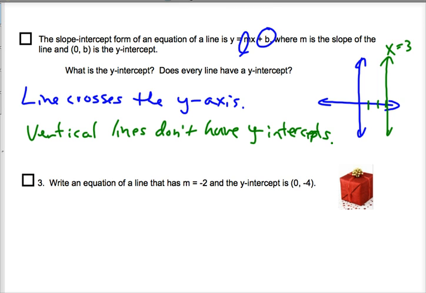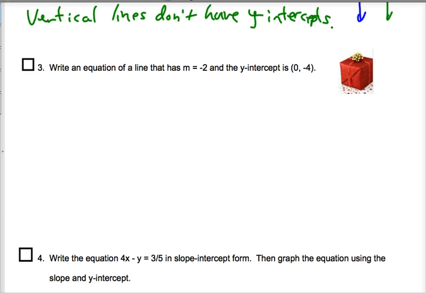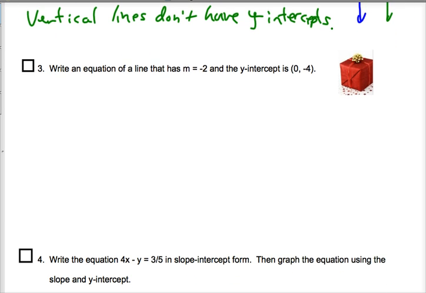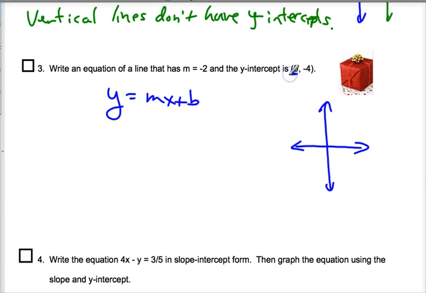Okay, so what do I do if I give you a slope and a y-intercept? I put a little present over here because this is really a present. I'm going to write this in y equals mx plus b form. That means I need the slope and I need the y-intercept. Well, notice I said the y-intercept is 0, negative 4. Very important to note that on a y-intercept, the x-coordinate is always 0.